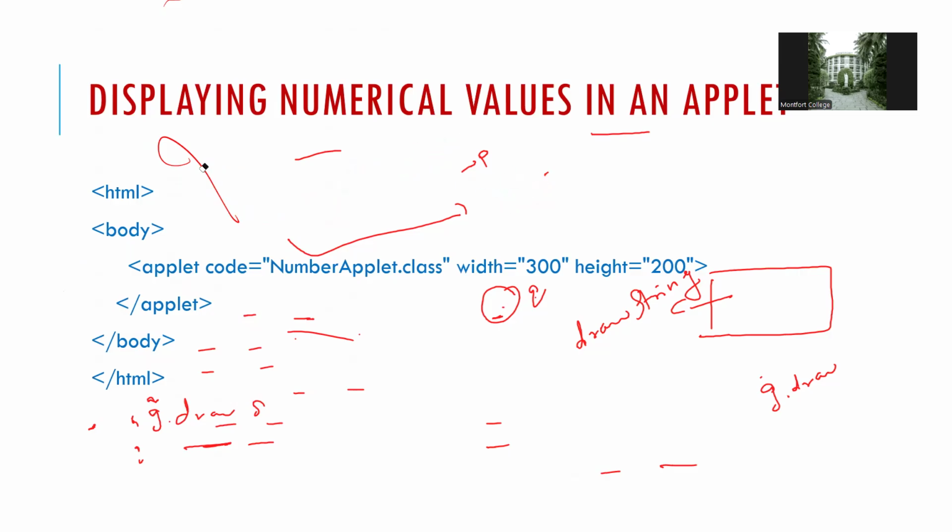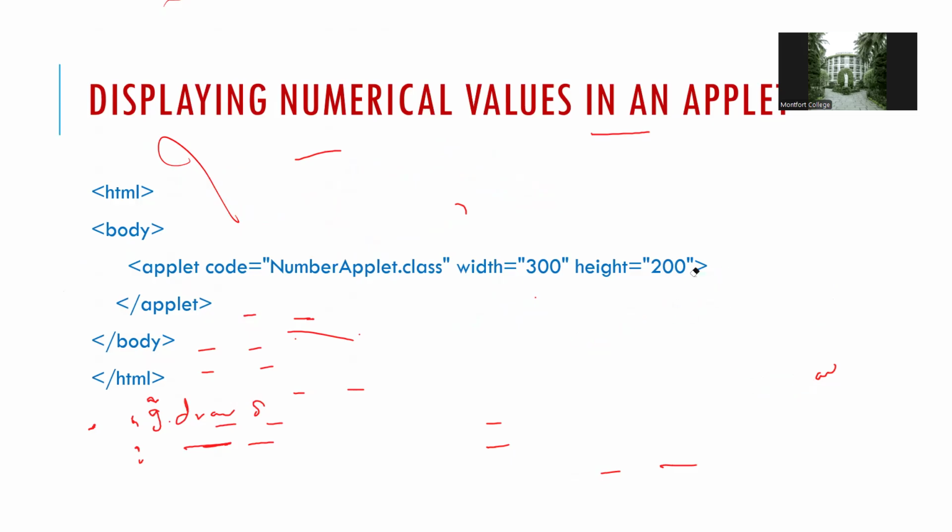For the previous program, the HTML code has to be there. They have given it separately here, but it should be with the code itself. Inside the code itself you can mention it, or outside you can mention it. In the examination you can write it separately, no problem.